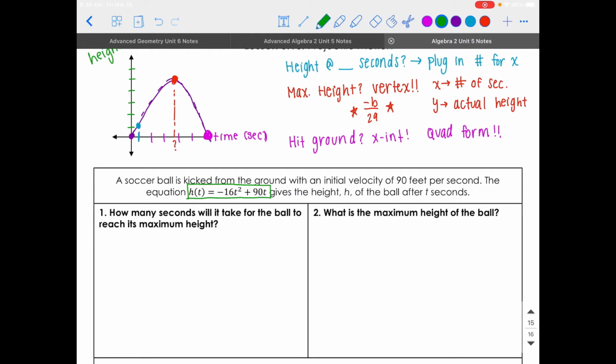So number 1 says, how many seconds will it take for the ball to reach its maximum height? So remember, the maximum height, I told you, that comes from the vertex. And because we want the number of seconds for the vertex, we're only finding the x value of the vertex.